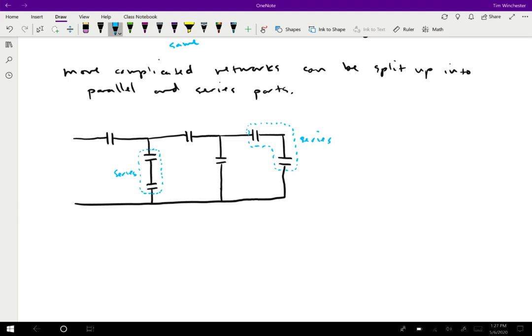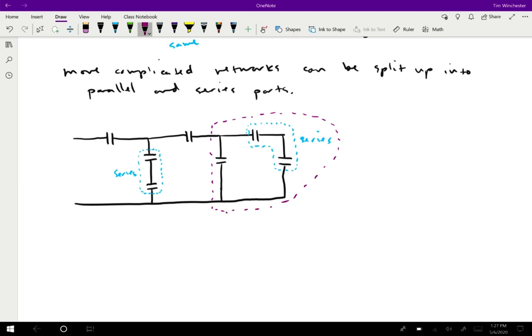But once we identify that those pairs of capacitors are in series, those could be part of larger networks. For example, I could take this capacitor that is in the middle branch there, and identify that that one is in parallel with that series network that I had a moment ago.